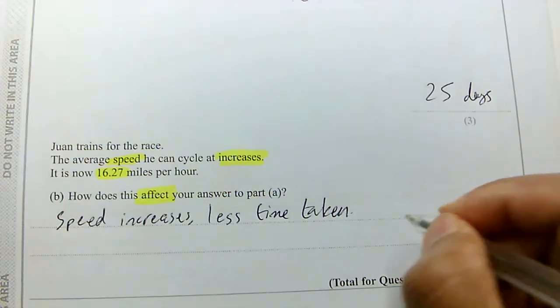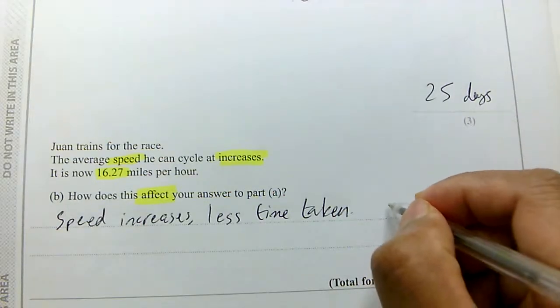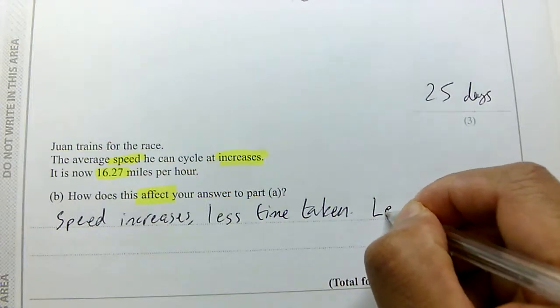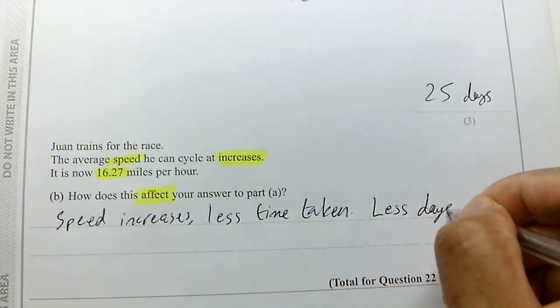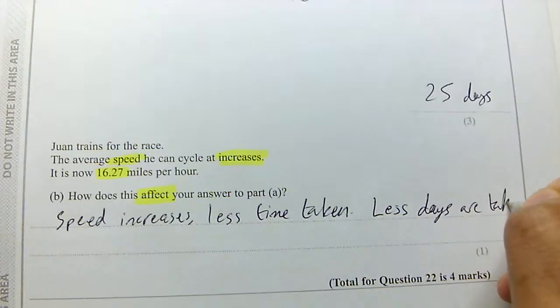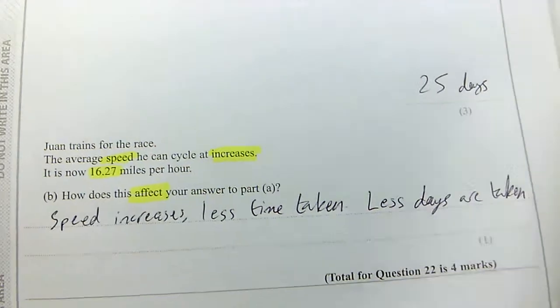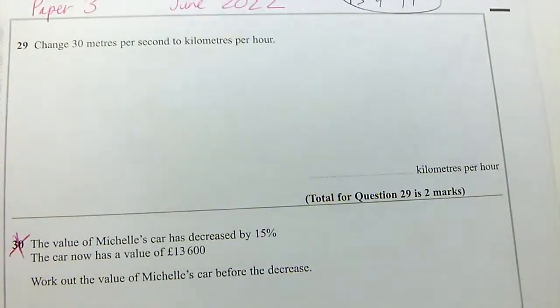So that means that we don't need 25, we need less days. Less days are taken. All right, so that is my answer. I hope you got the answer to that question right as well.